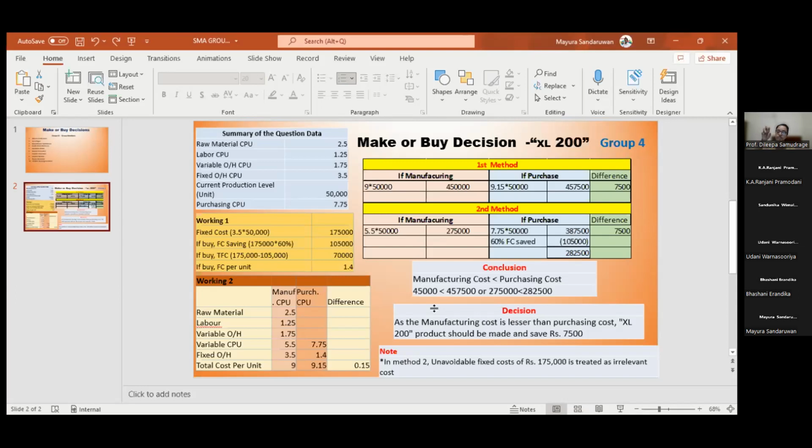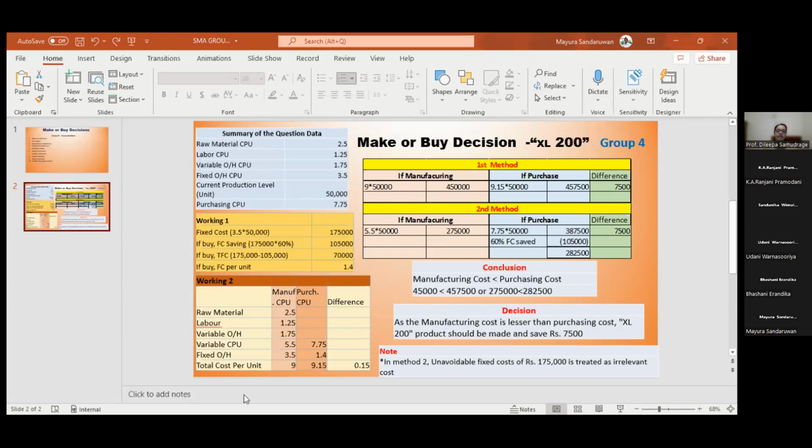Fixed cost, we have to show as a whole, as a total figure. Actually, in the question it says fixed cost per unit is 3.5. But when you show the impact to the profit, you have to take the total fixed cost.